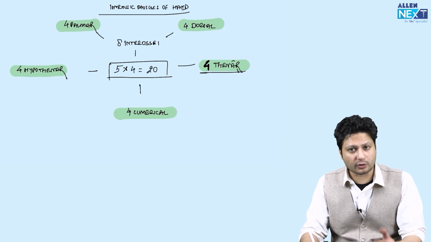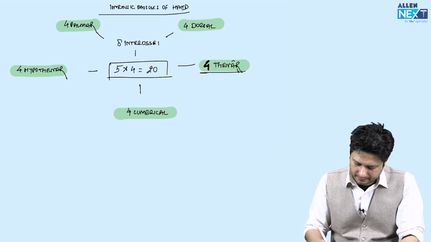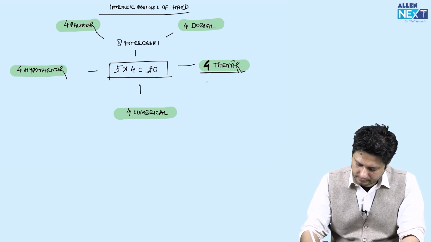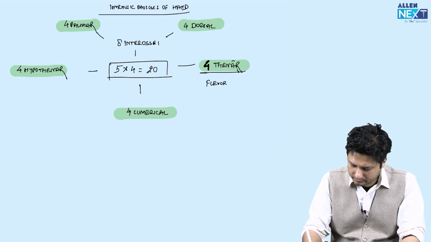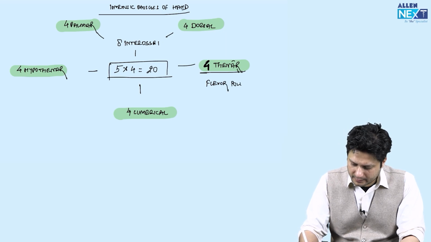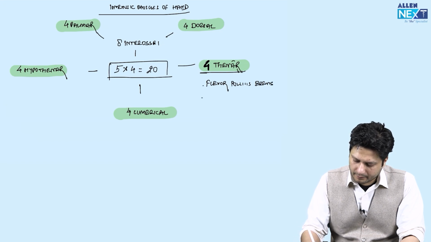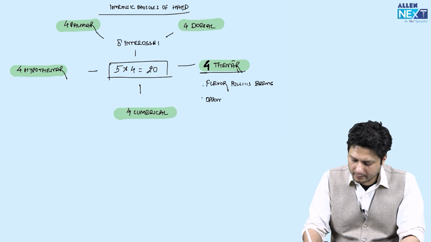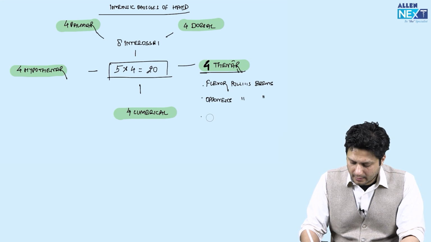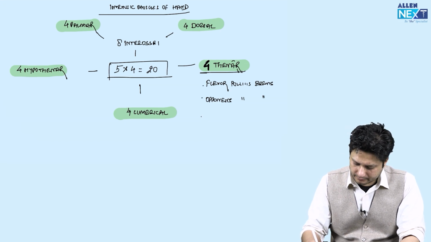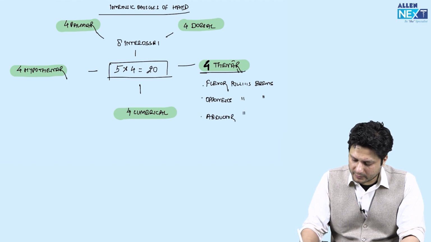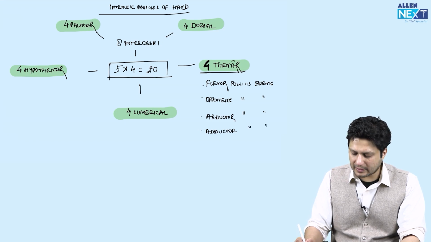The muscles in the thenar eminence, or the thenar group, are flexor pollicis brevis, opponens pollicis brevis, abductor pollicis brevis and adductor pollicis brevis. So these are the muscles in the thenar group.